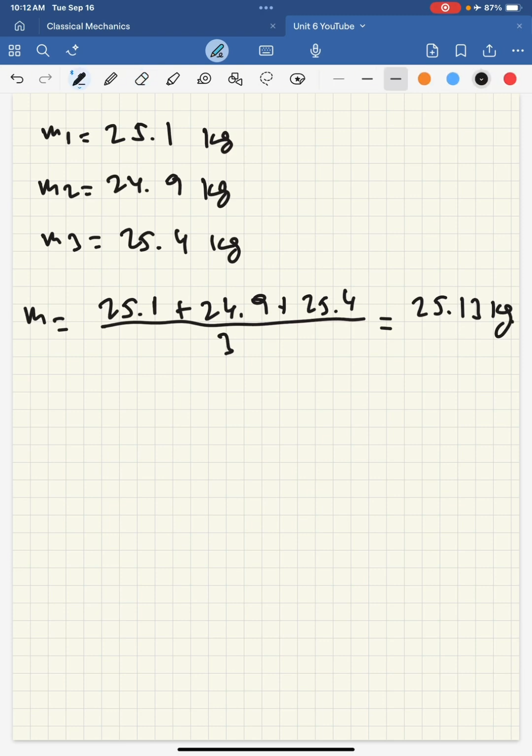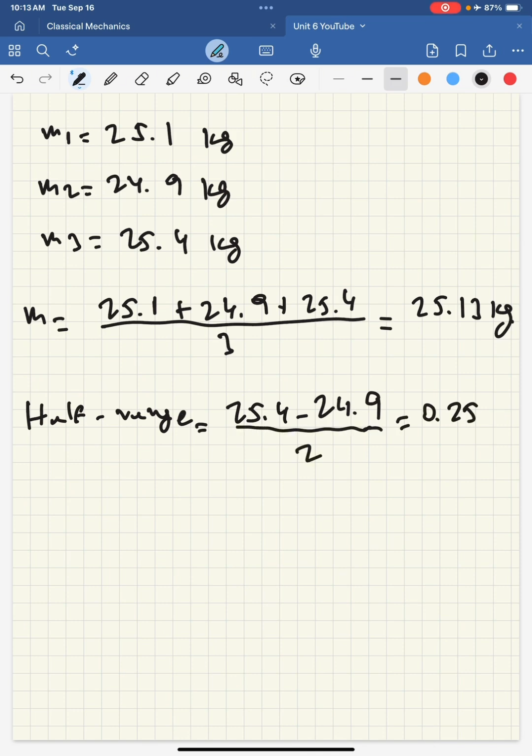And then for the absolute uncertainty, we take the half range. The range of these measurements is from 24.9 kilograms to 25.4, so the extreme values, okay? So we take 25.4 minus 24.9, so that's your range, and then you divide by 2 to find the half range, okay? So this is 0.25 kilograms.